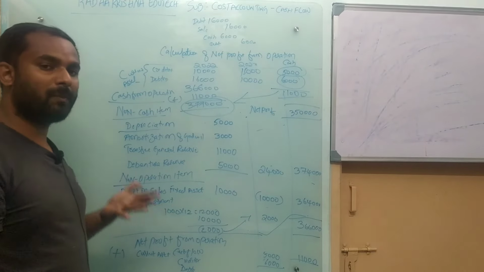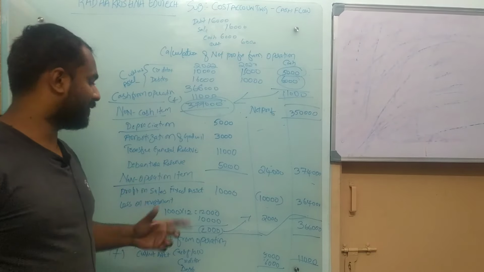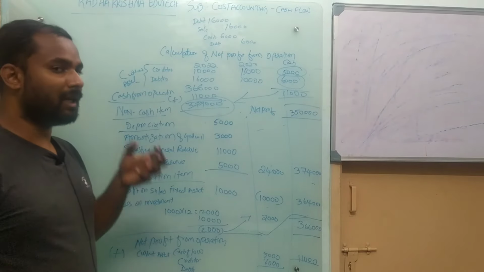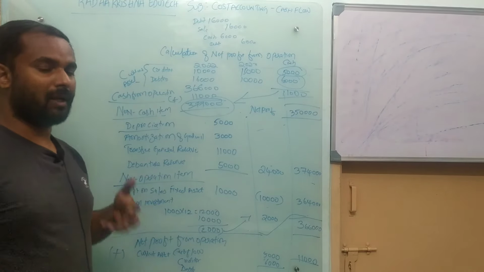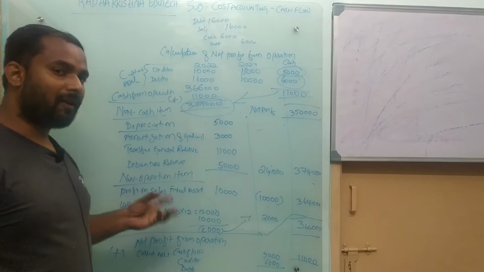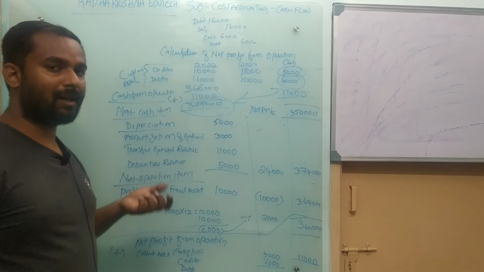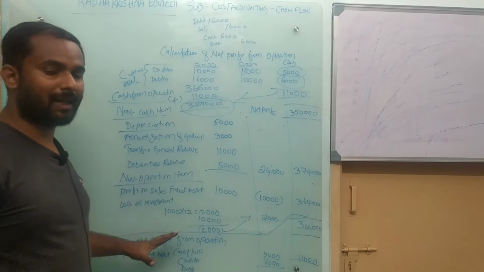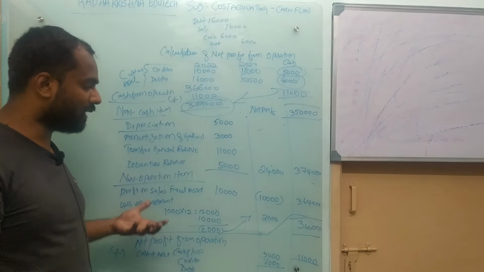First thing, cash from operation. Before calculating cash from operation, you have to calculate net profit from operation by adjusting all your non-cash items and non-operating items. After that, you have to calculate the cash flows based on your current assets. You have to consider only the current assets over here.